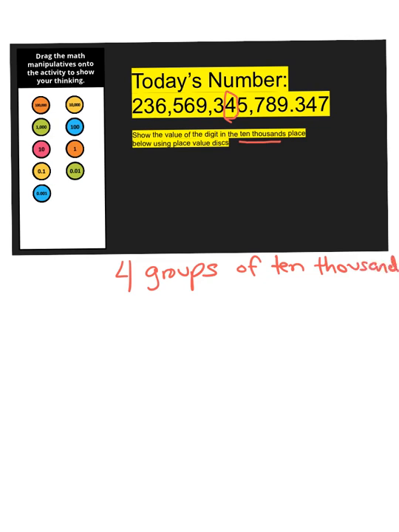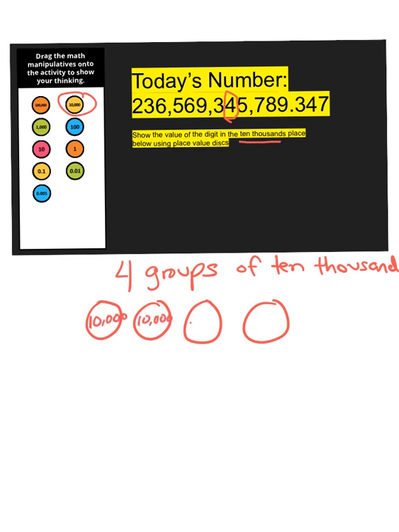And in order to do that, I need to take my 10,000 disc and I need to show 4 of them. Lots of you guys are getting these wrong on your work because you're only showing one group of 10,000, and that's not what we have here. We have 4 groups of 10,000, so you need to have 4 discs. This is the total value of that digit. This digit has a total value of 40,000, not 10,000, 40,000.